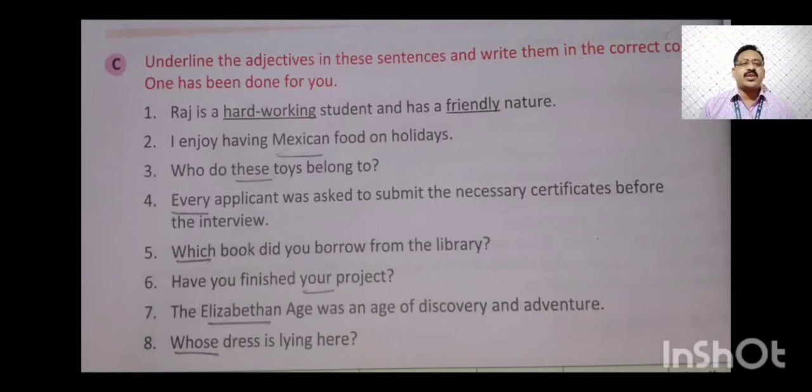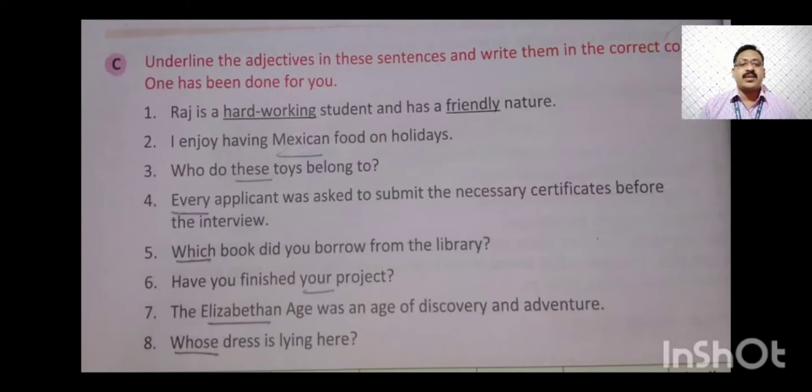Which book did you borrow from the library? Which is the adjective used to ask a question. Have you finished your project? Your here is a possessive adjective. So your is the adjective in this sentence.